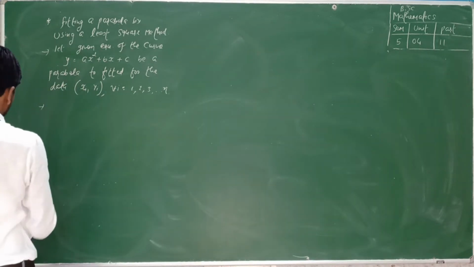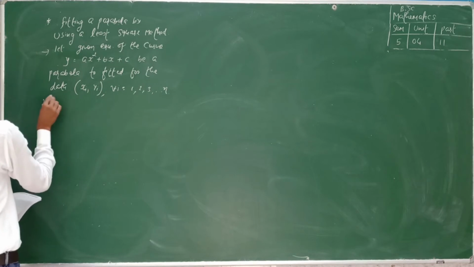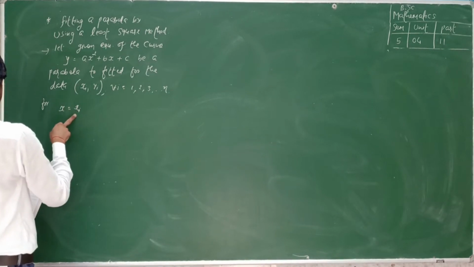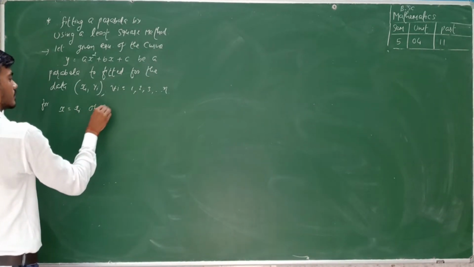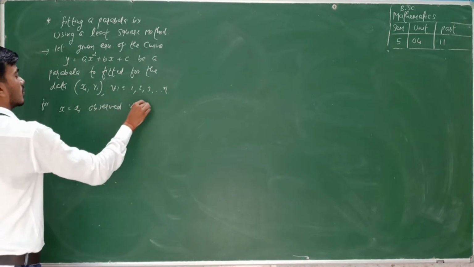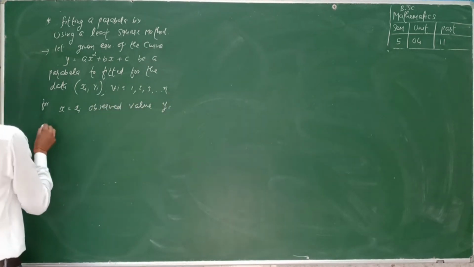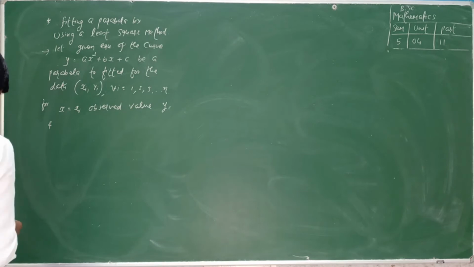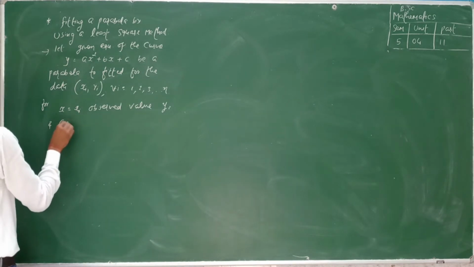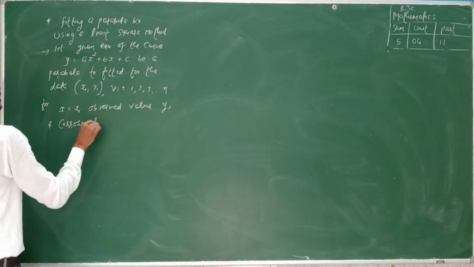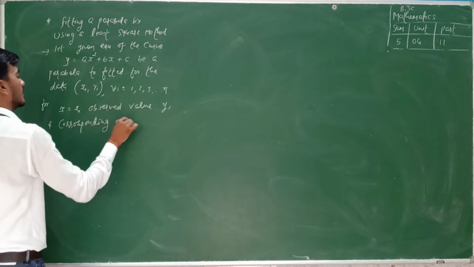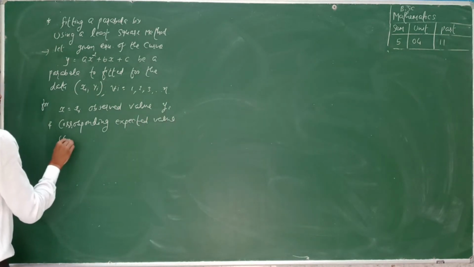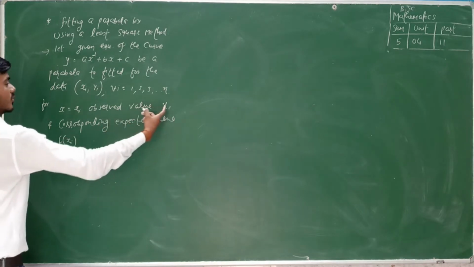Now for any value x = xi, we can represent the observed value as yi and the corresponding expected value as f(xi).